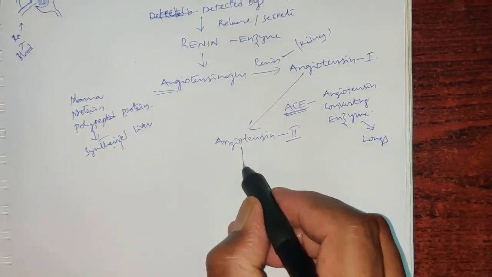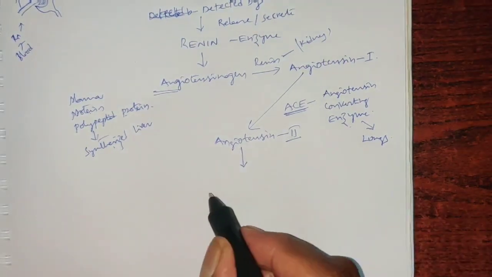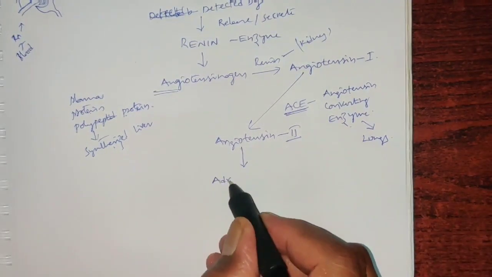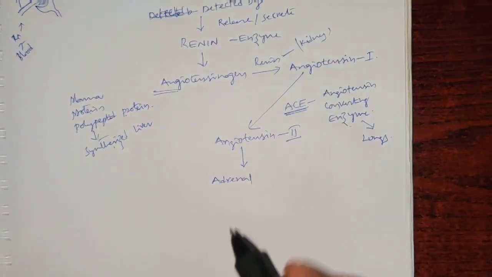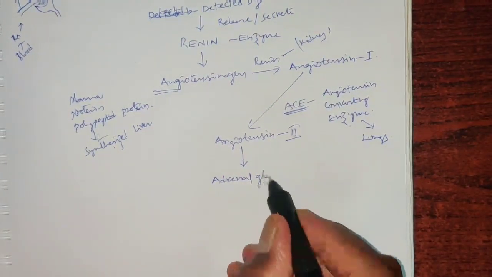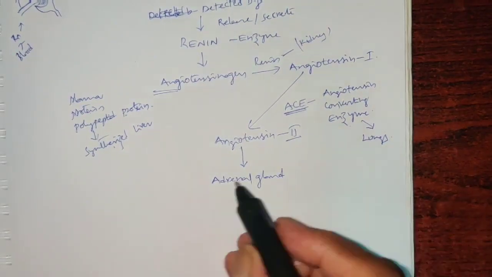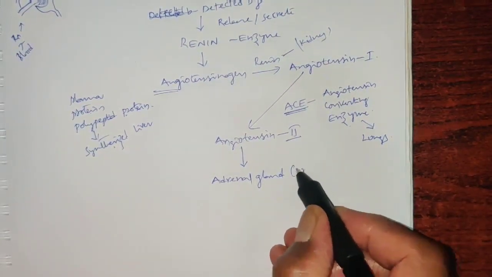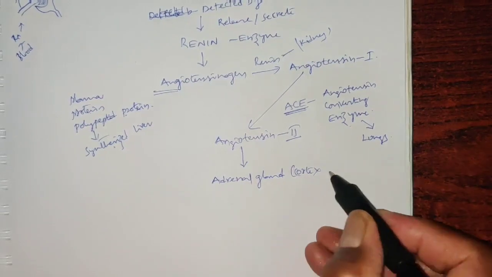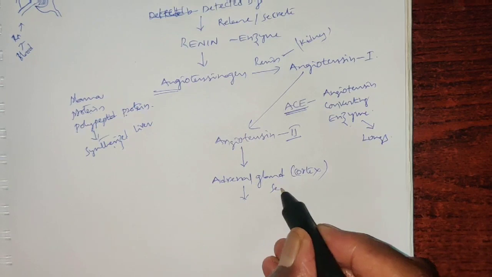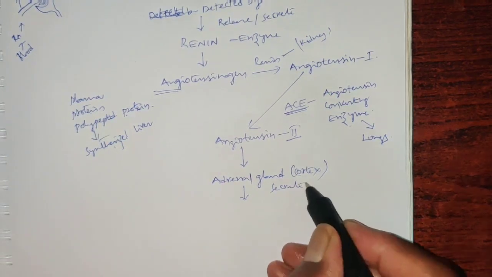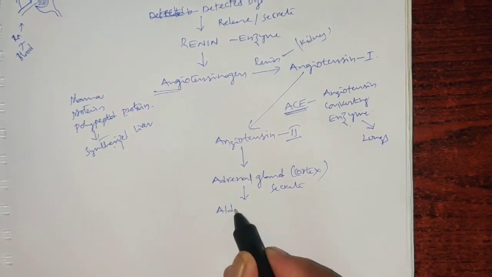This angiotensin 2 stimulates the adrenal gland, that means the cortex of the adrenal gland, to secrete a hormone called aldosterone.